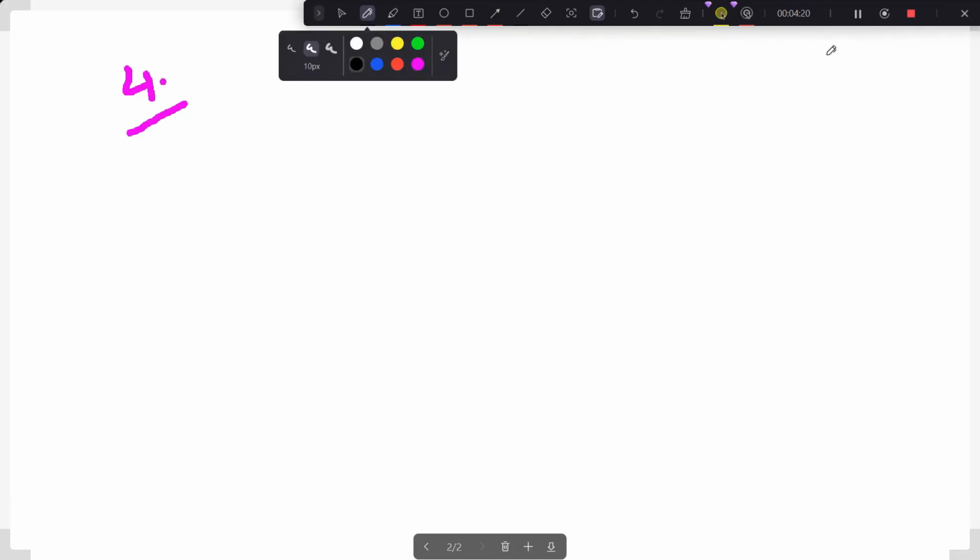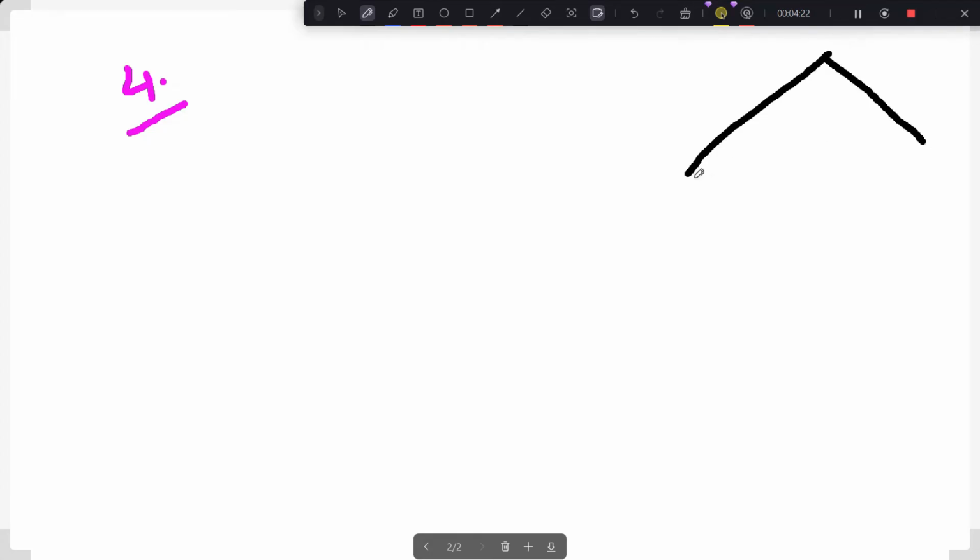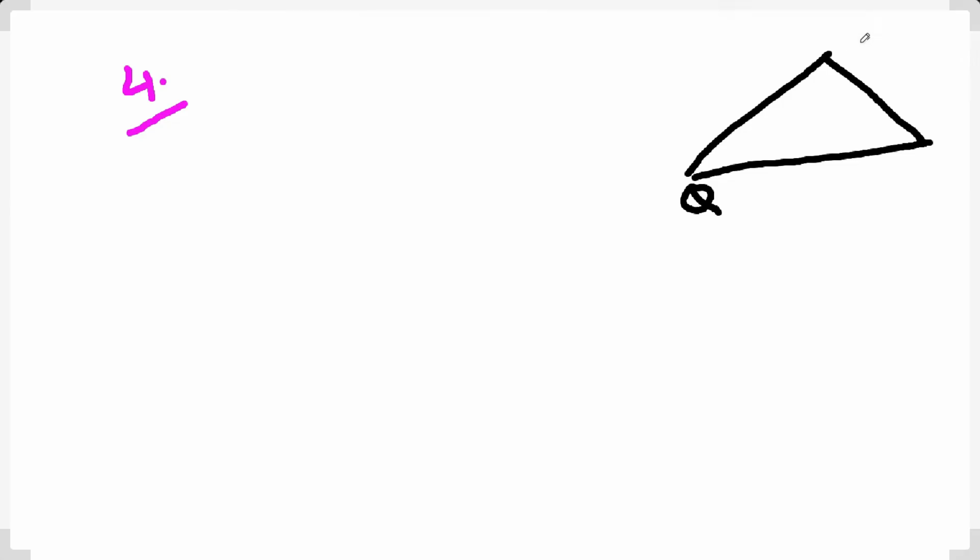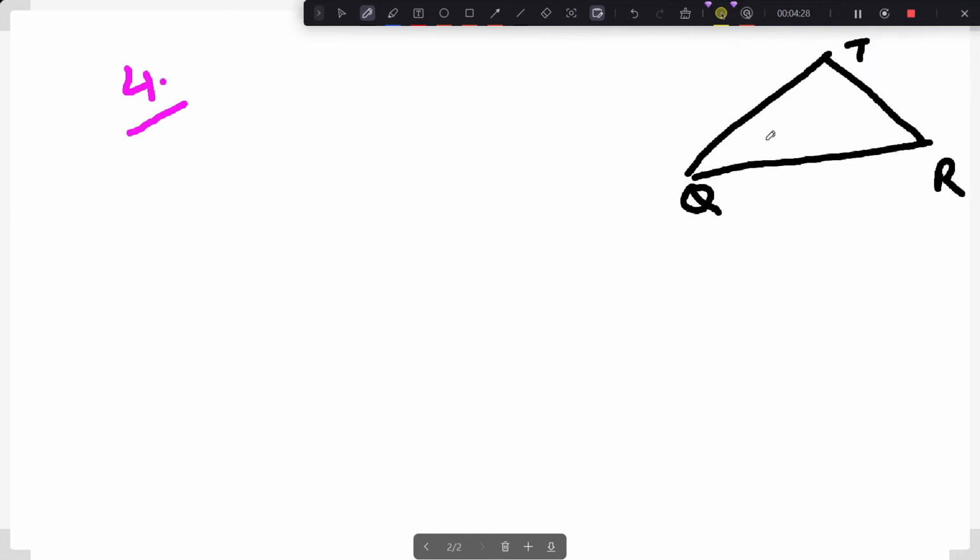Now it's given question number 4. I'm looking at this, right? Just draw the figure first. So there's a point P here which intersects here at S, it's a little steeper, and then P also joins this, okay?